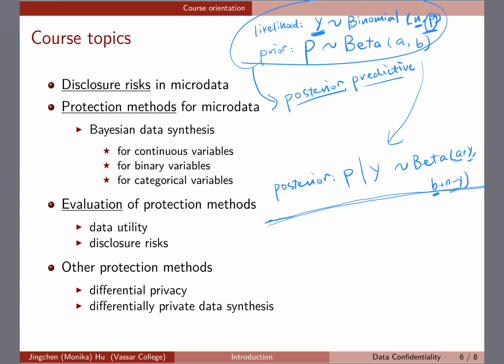Okay, so anyway, we get this posterior, and that's all good, given what we learned from Bayesian statistics 347. And what I'm proposing here is, throughout the semester, you will see that in order to provide a noisy version of Y, let's just say Y star. If I want to make a prediction about Y, what do you do? What did we do before?